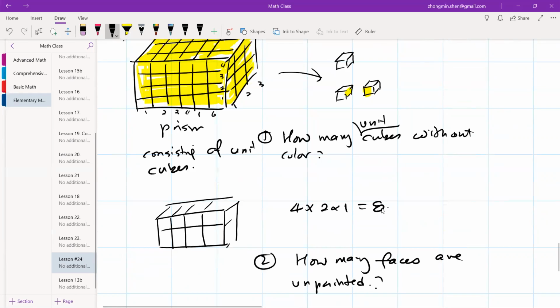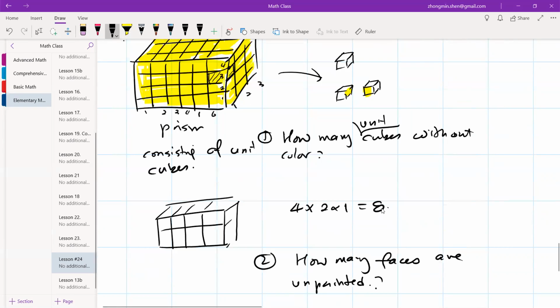Six, right? So among those unit cubes, some have 3 faces painted, some only 2 faces painted. How come 2 faces? If it's coming from here, this one has 2 faces painted, left and right.